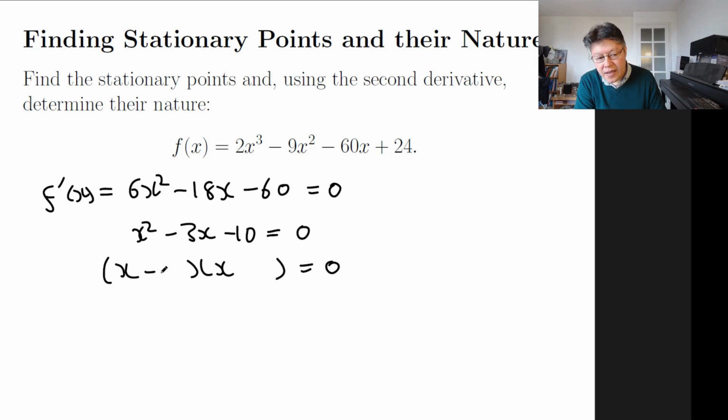So we get x minus 5 and x plus 2, and that equals 0. So if we solve this, we get x equals 5 and minus 2. So these are the two x coordinates for the stationary points.